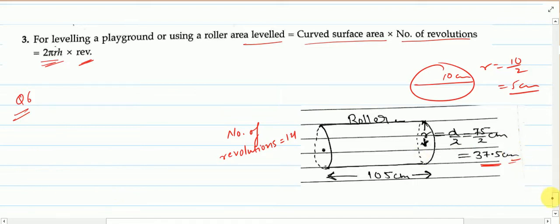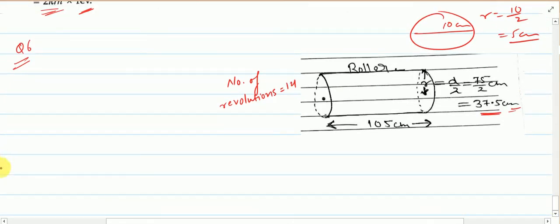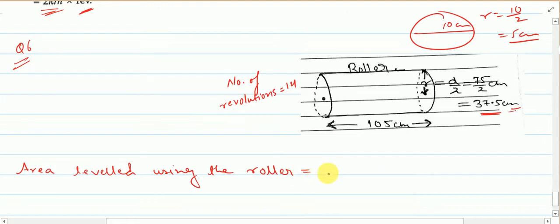Now here we'll write: area leveled using the roller is equal to curved surface area of the roller into number of revolution.